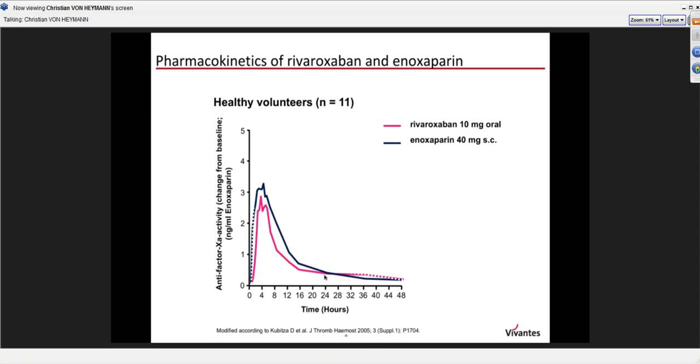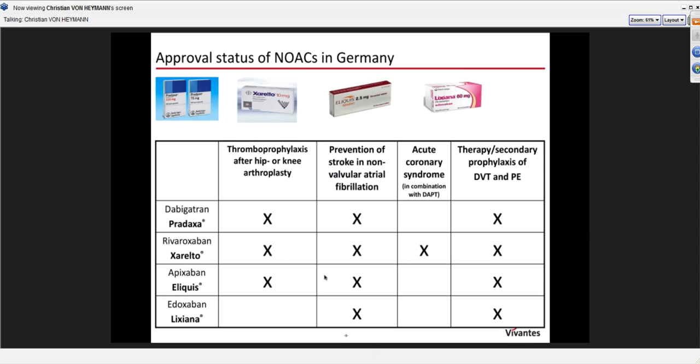So the approval status of most NOACs in Germany, and I think this is also true for Europe as well, is that we have, on the one hand, a thromboprophylaxis approval for patients undergoing hip or knee replacement surgery. Then we have the more medical approvals, licensures in the prevention of stroke in non-valvular atrial fibrillation.